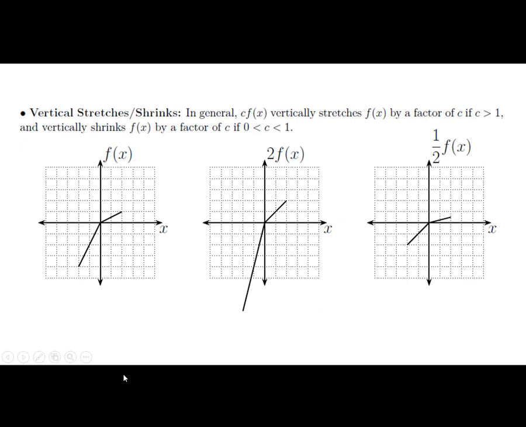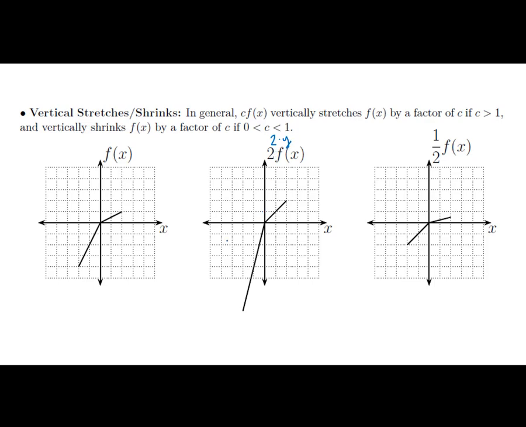Okay. So what if I take my function and I multiply f of x by some factor? Okay. We refer to this as either a vertical stretch or a vertical shrink. So again, remembering that f of x's are just really y values, another way of thinking of 2 times f of x would be to say 2 times the y values.